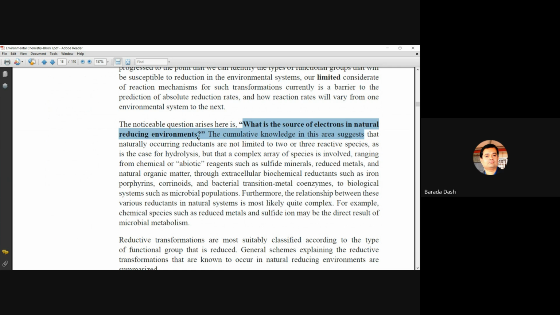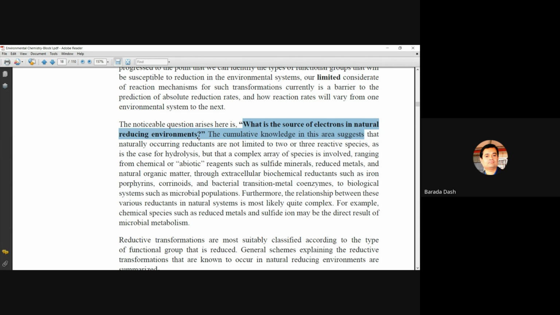Basically there is a rule: if there is a gain of electrons, then it is called reduction, and if there is a loss of electrons, that is called oxidation. GER, gain of electron, reduction. LEO, loss of electron, oxidation.